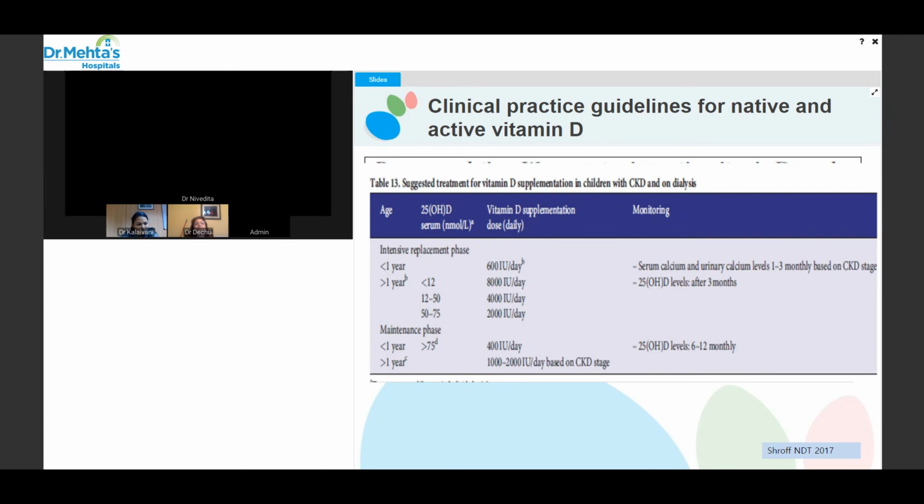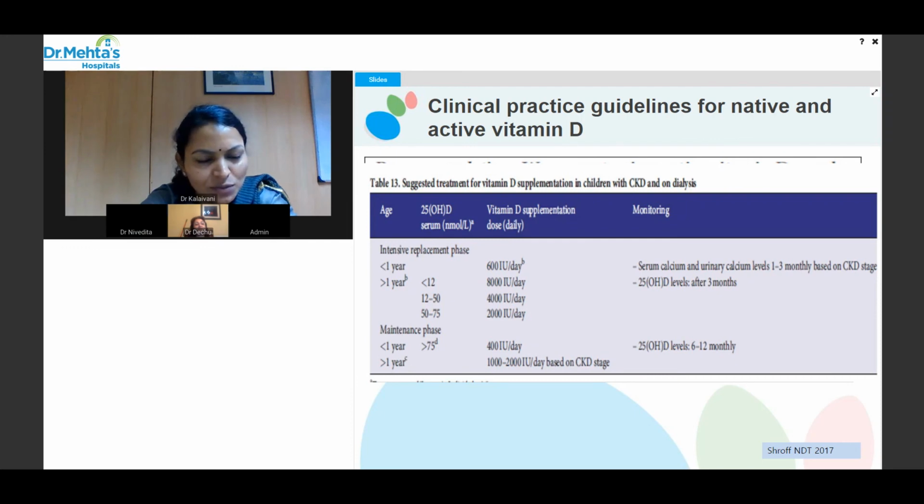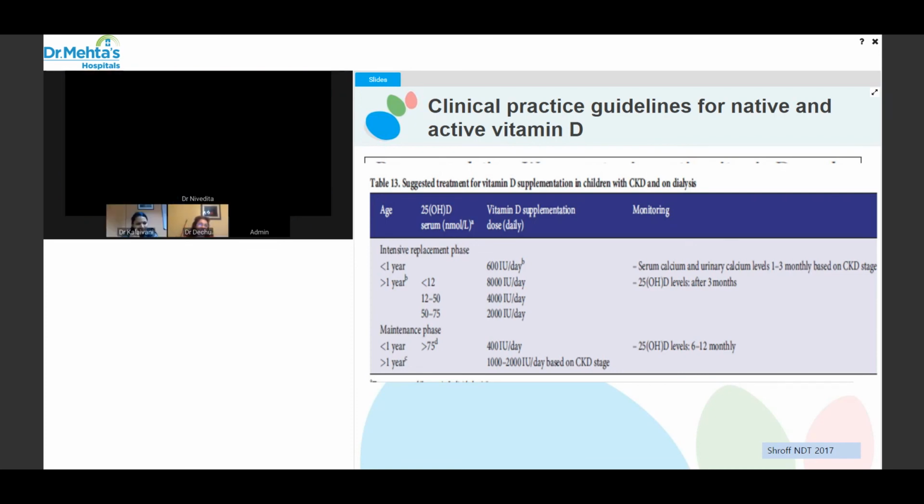The next question: is there any radiological difference between rickets and renal osteodystrophy? So rickets is a clinical manifestation of abnormal mineralization of the bone, and is typically described in children who have a growing bone, with the adult counterpart being osteomalacia.